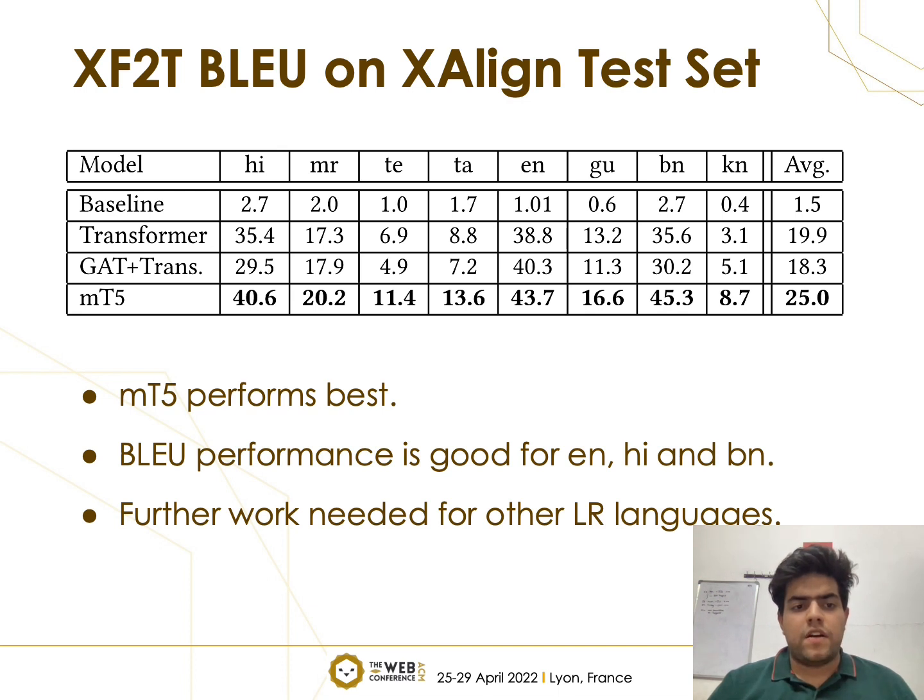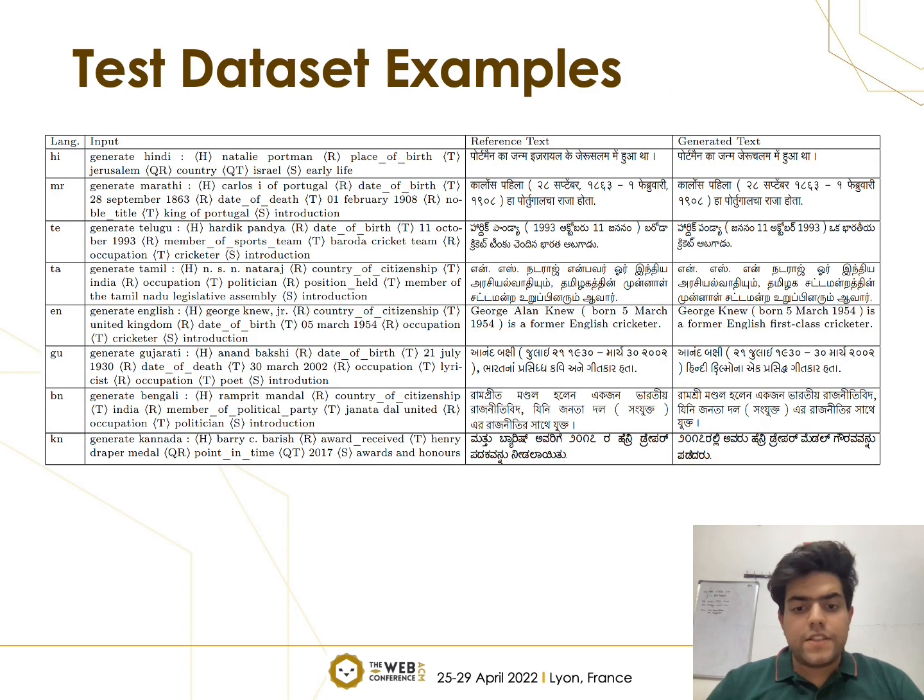Later on, we tried a graph attention network along with transformer, and finally the best performing baseline that we were able to achieve was an MT5 model. BLEU performance, as it can be seen, is good for languages like English, Hindi and Bengali, whereas for other languages further work is needed.